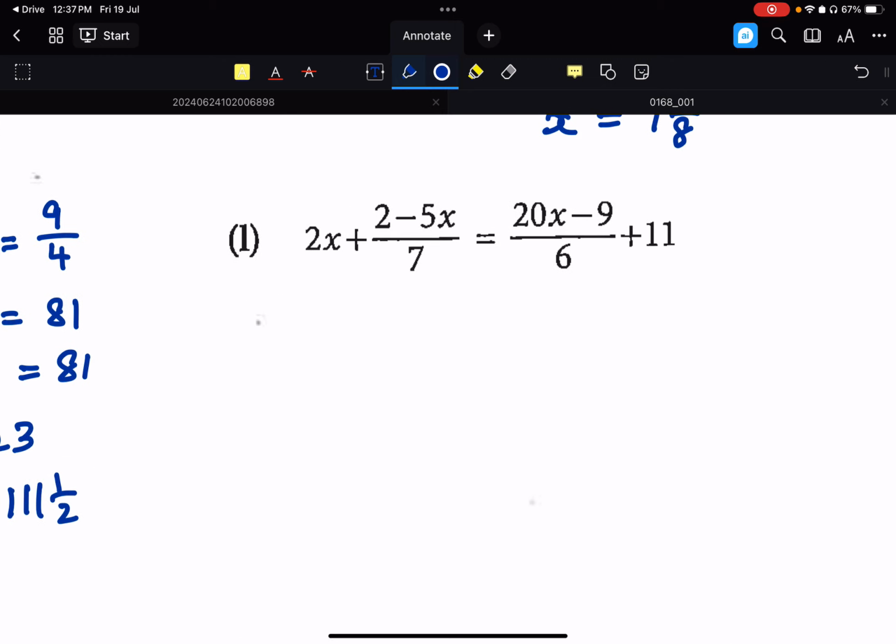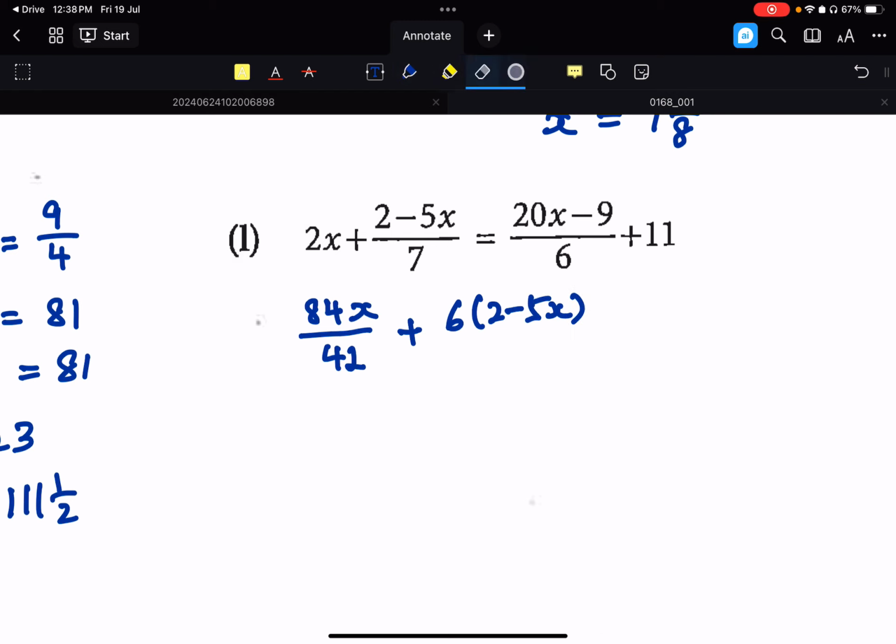Okay, and finally, this one. We have 7 and 6 for the denominators. So let's make the denominator 42. 2 times 42 is 84x over 42 plus this one will be 6 times (2 minus 5x).